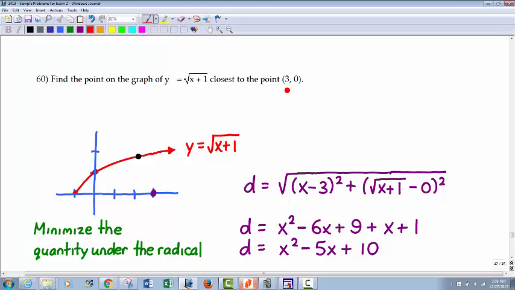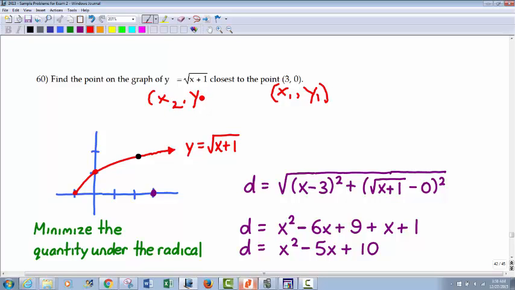This doesn't really matter which one is which. That is my x1, y1, and then x2, y2.